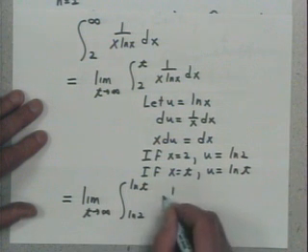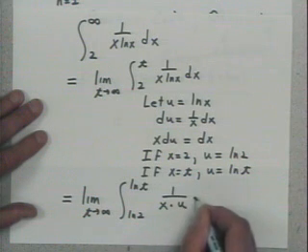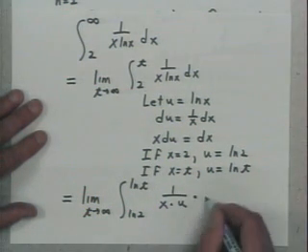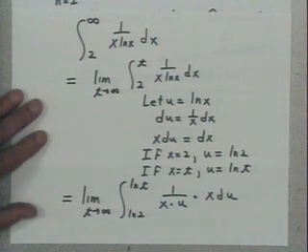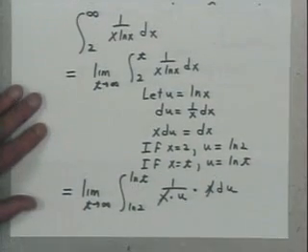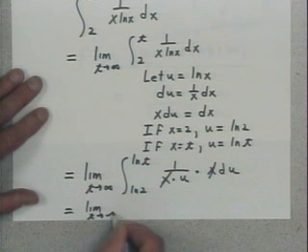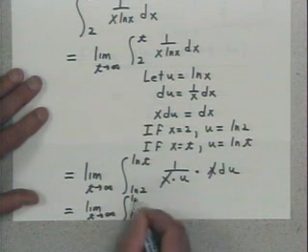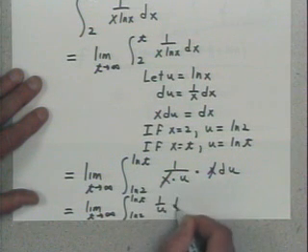Well, we have 1 over x times u, because u was natural log of x, and what was dx? It was x du. Is that a good sign? Yeah, we wanted the x's to disappear. So this now becomes the limit as t approaches infinity of the integral from natural log of 2 to natural log of t of just 1 over u du.